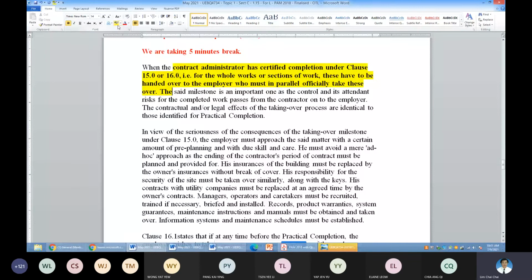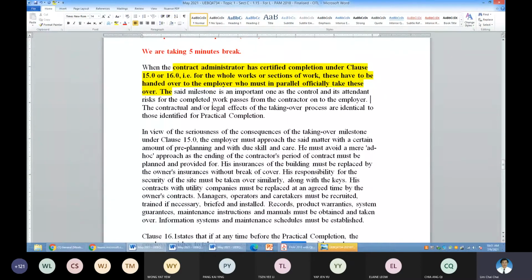Okay, so then especially the defects are the contractor's responsibility and maintenance, and the employer side needs to take over the other insurance, security, fire, and so on.